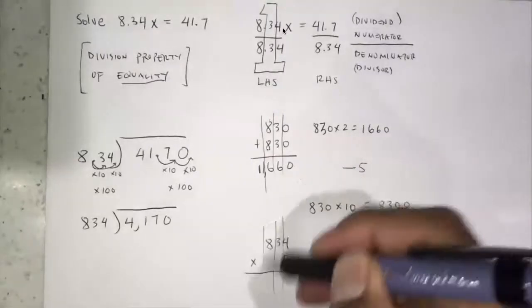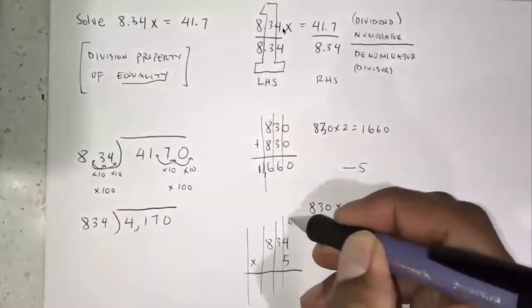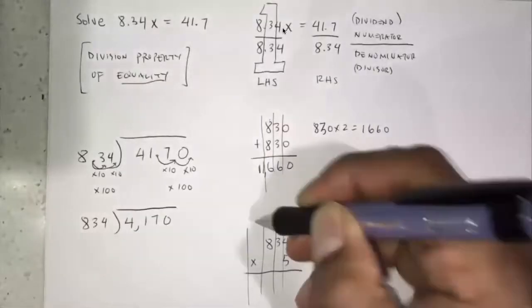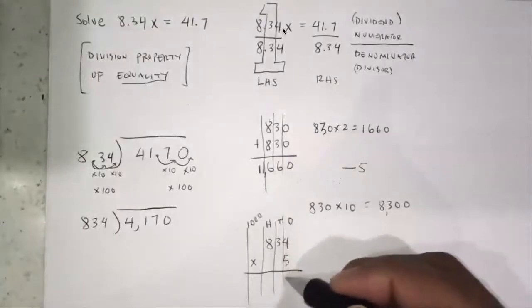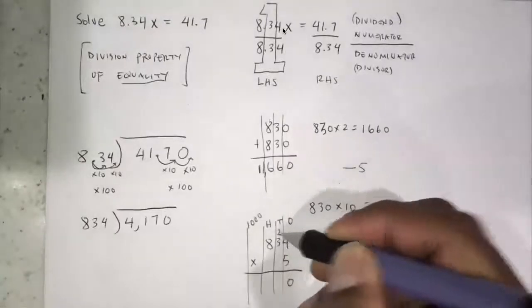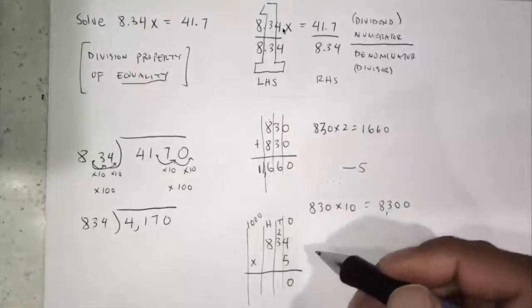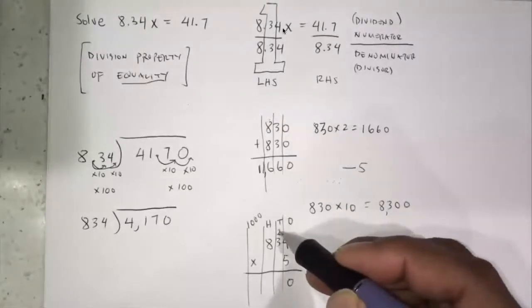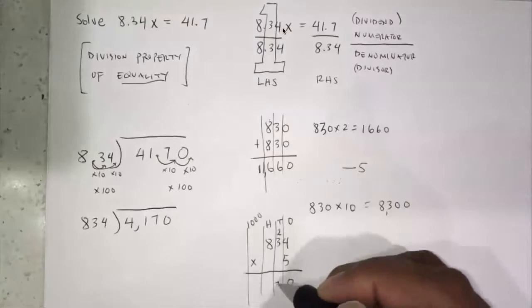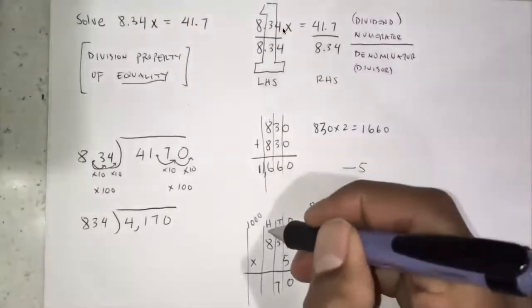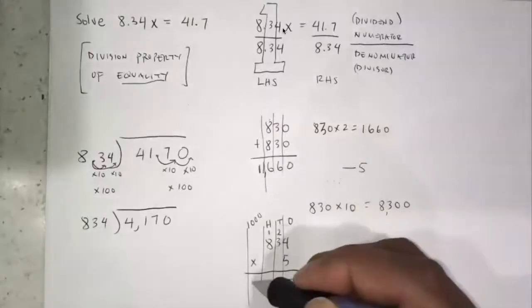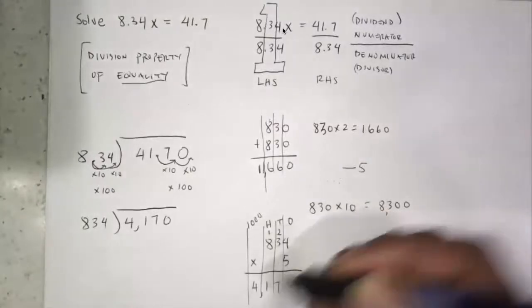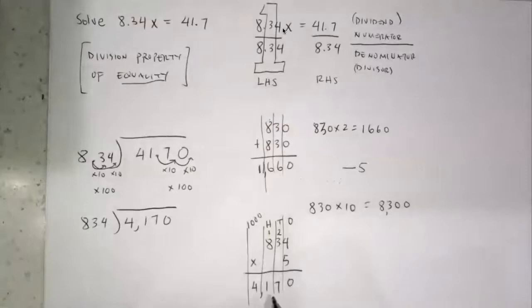This is just for my placeholders, my ones, tens, hundreds, thousands. 4 times 5 is 20. Regroup the 2. 5 times 3 is 15, and added to the regrouping of 2, that would be 17. Regroup the 1. 8 times 5 is 40, plus the regrouping of 1, that gives me 41. Well, we found it.